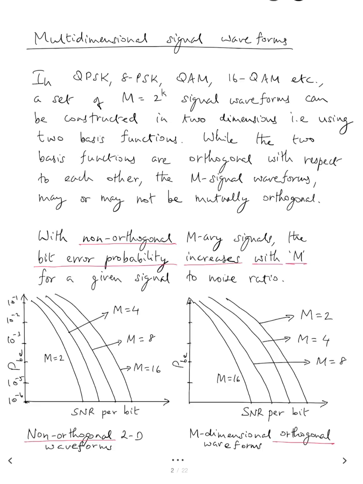In general, if we want to increase the speed of our communication, then we need to increase the m value for M-ary signaling, right? For binary, each pulse of duration t represents 1 bit. So if we are transmitting, say, 10 pulses per second, that means the bit rate is 10 bits per second.